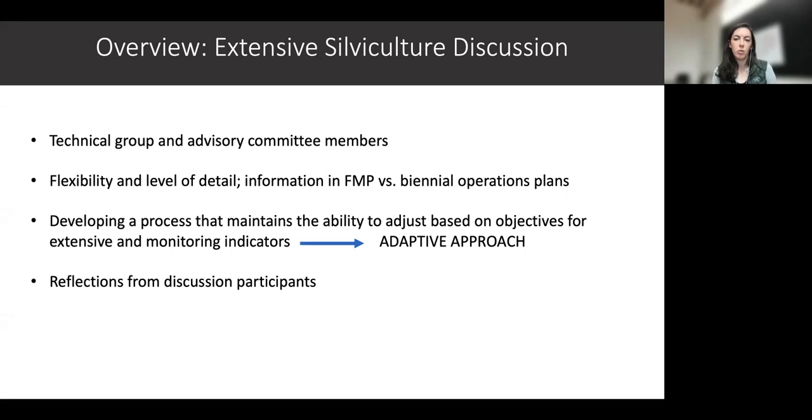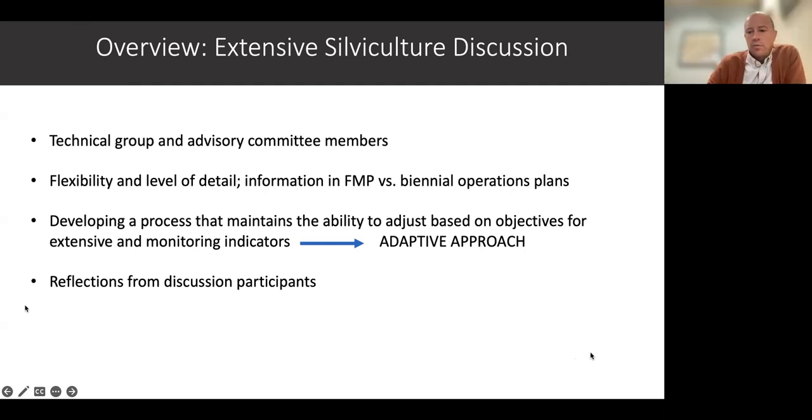I wanted to ask any members of the FMP working group who were part of that discussion if you'd like to share your takeaways or your thoughts from that conversation, just so that this whole FMP working group has the same level of understanding about what that meeting was about. Any high-level reflections?